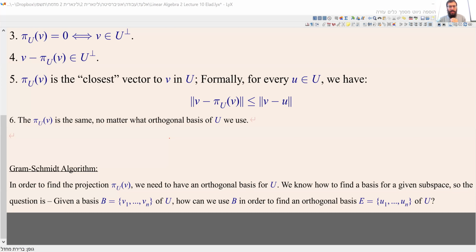I want to write down the algorithm, then an example, and then we will probably prove why the algorithm is true, using all the properties of projection that we mentioned today. It shouldn't be very hard.